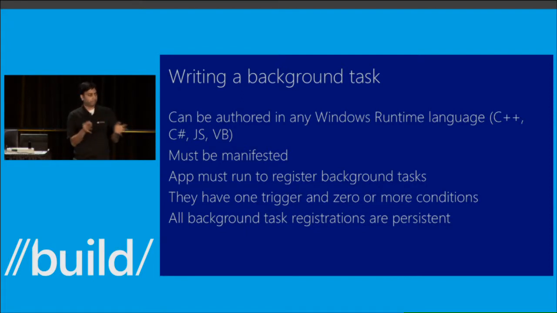It is completely decoupled from your app. So your app could be written in JavaScript, it could be written in C#, but your background task could be in C++ or JavaScript. And in fact, that is pretty much the model that the communication app uses. Their whole UI, the mail app UI, is built in JavaScript, but the background task of the mail app is written in C++.